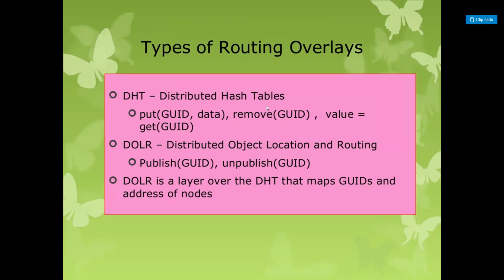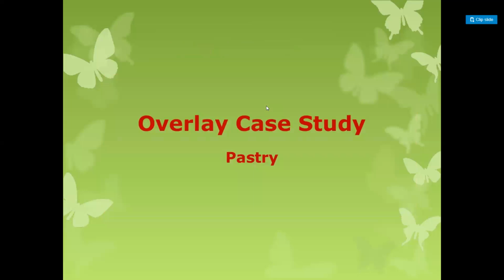This uses the methods publish(GUID) and unpublish(GUID). This will know the location of the object and routing information. DOLR is a layer over the distributed hash table, DHT, that maps the GUIDs and addresses of the nodes.